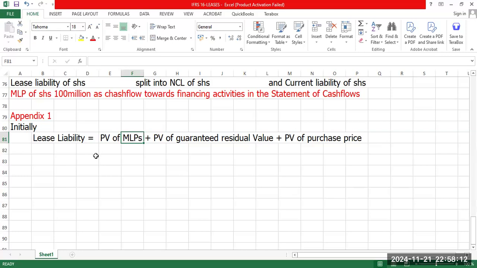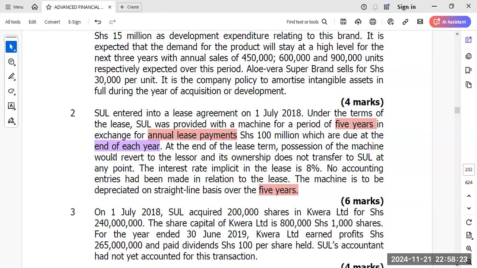So we look for its present value. And since it is only, we need to know, is it at the beginning of the year or at the end of the year? It's at the end of the year. So this is like payment in arrears, if it is at the end of each year.